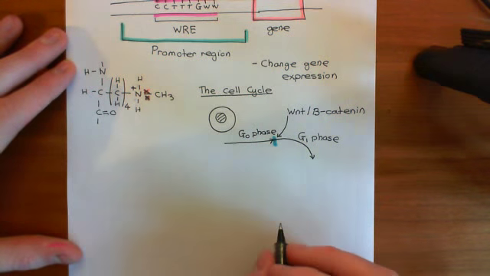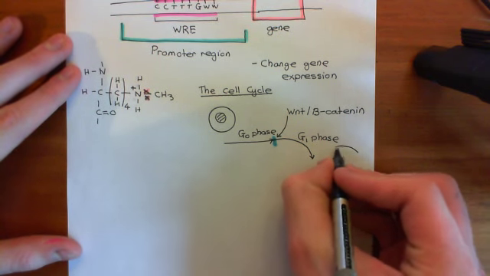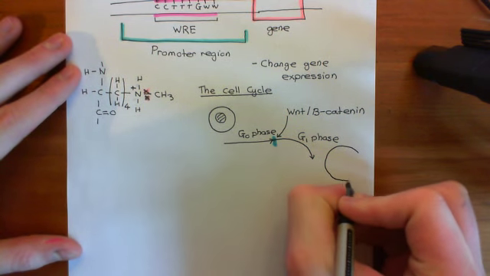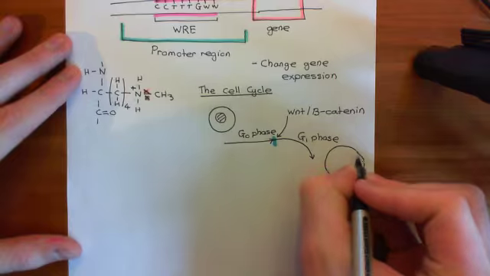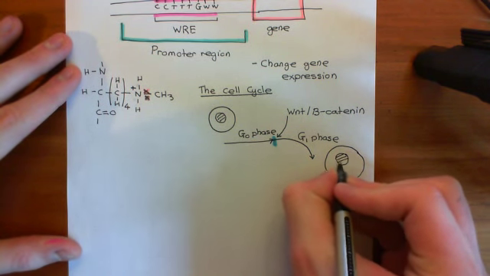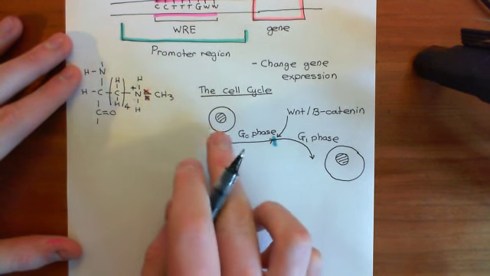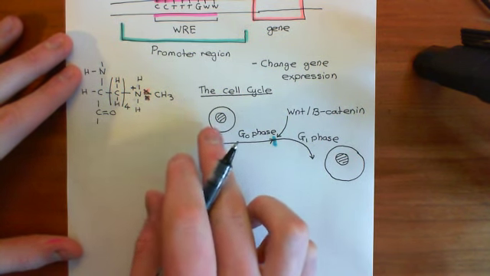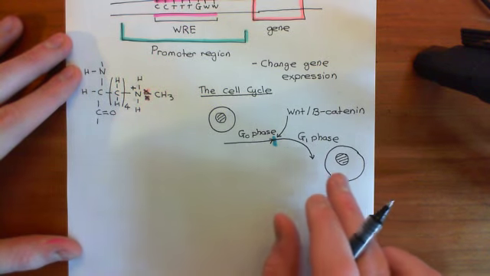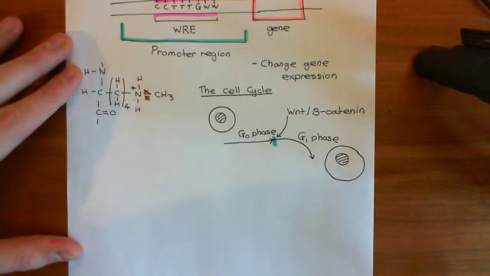Now, what occurs in G1 phase? Well, basically, the cell starts growing, it gets ready to divide. So, basically, in order to split in two, the cell firstly needs to get big enough to split into two cells, because if it just divided now, each of the cells would be half the size of the original cell. So, firstly, the cell has to actually enlarge itself so that it's big enough to divide into two cells.